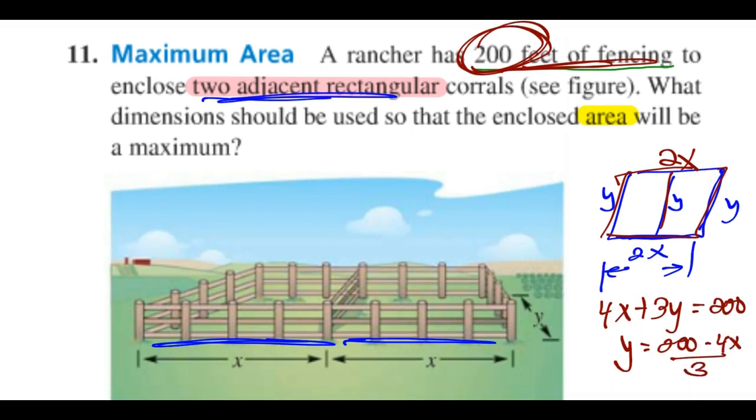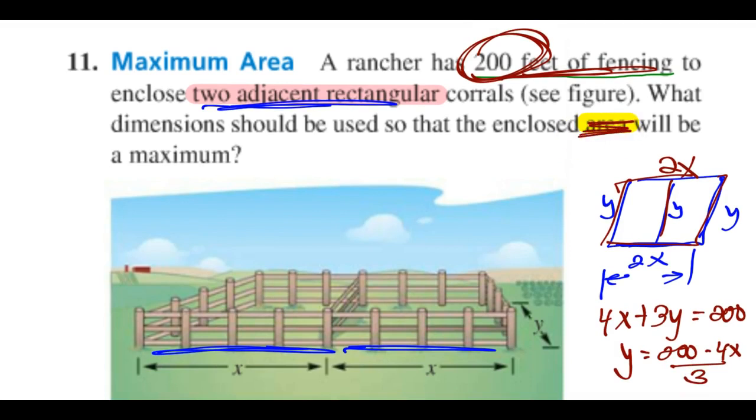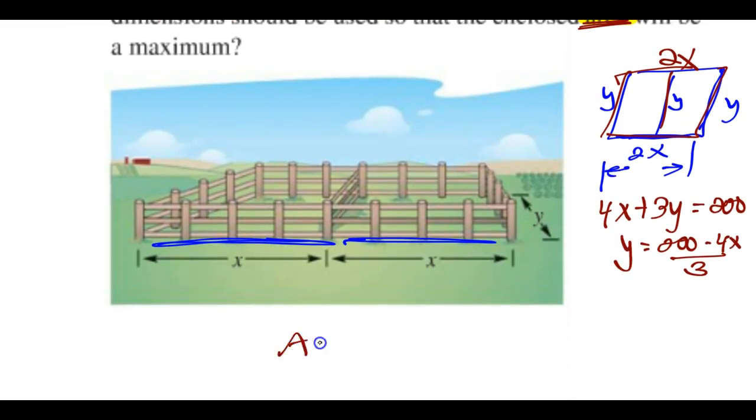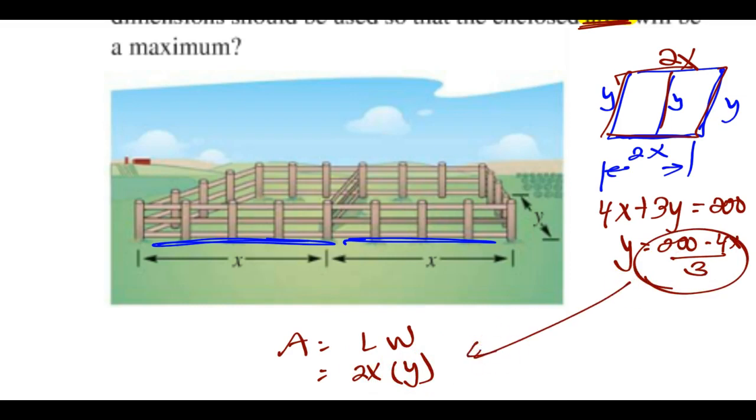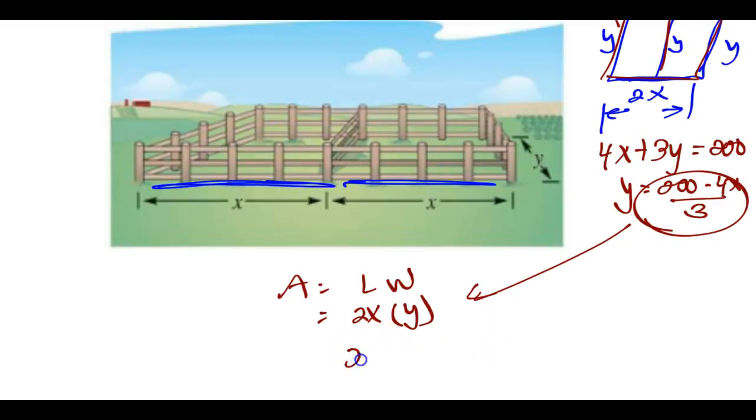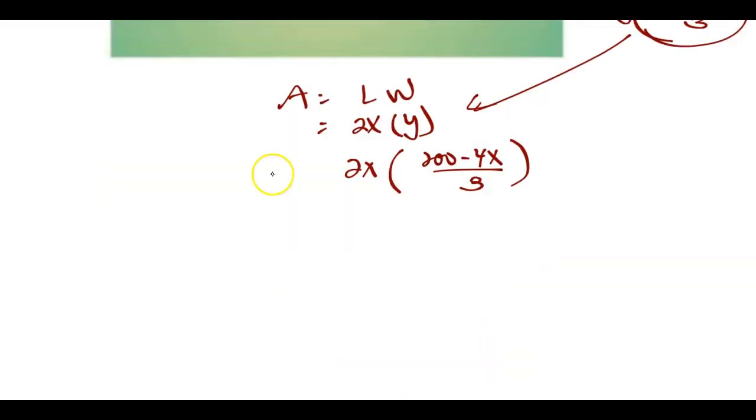And I know that I want to maximize the area. So the area of this thing is length times width. But the length is 2x and the width is y, and I think I've got a nice y value here that I can substitute in for. So 2x times the 200 minus 4x divided by 3 is my area function, which I always like to try to simplify if possible before you dive in and take the derivative of it.